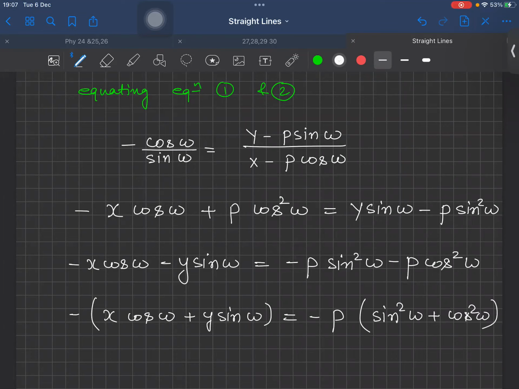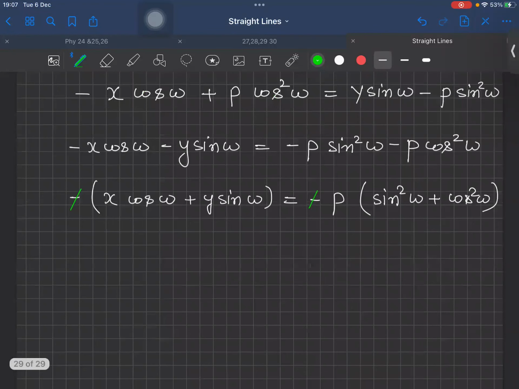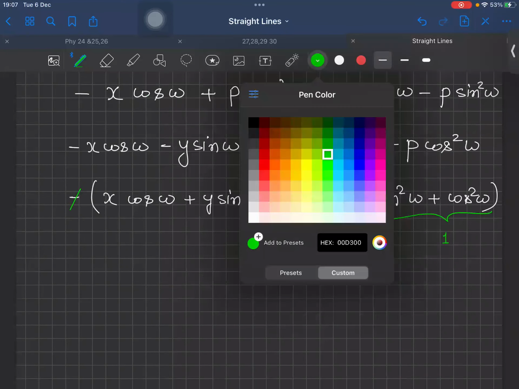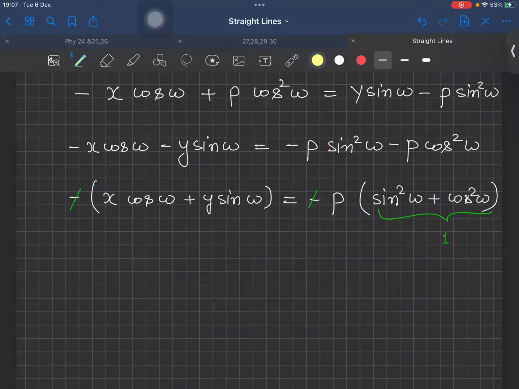Is that okay? So minus and minus sign we can cancel out. And sin square omega plus cos square omega is what? 1? Yes or no? Yes, sir. Okay. So can we write x cos omega plus y sin omega is equal to p? Yes or no?